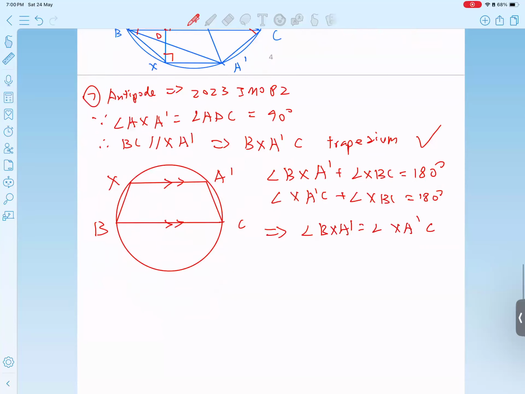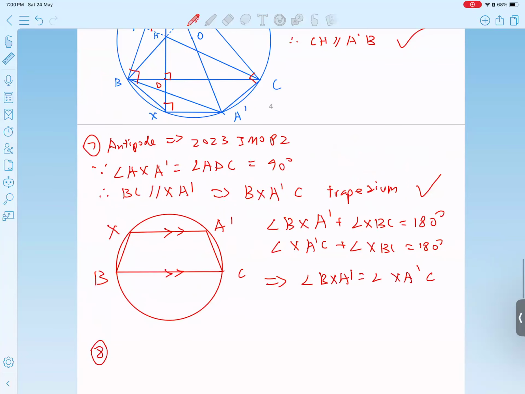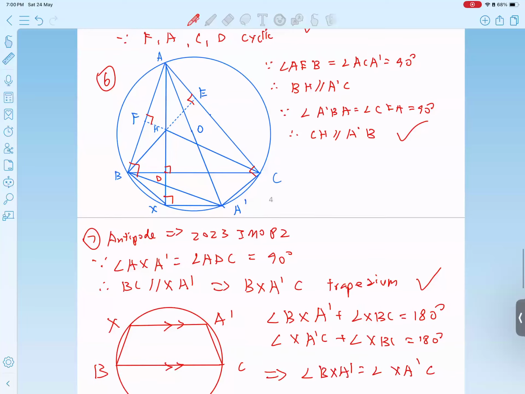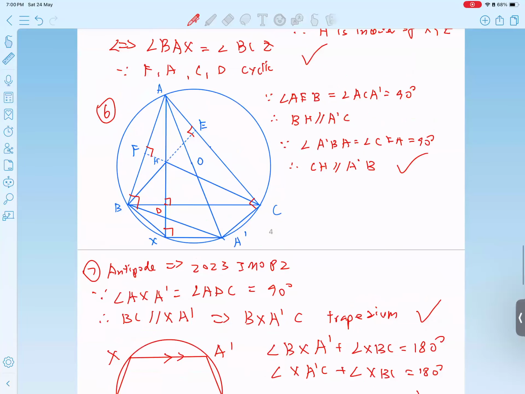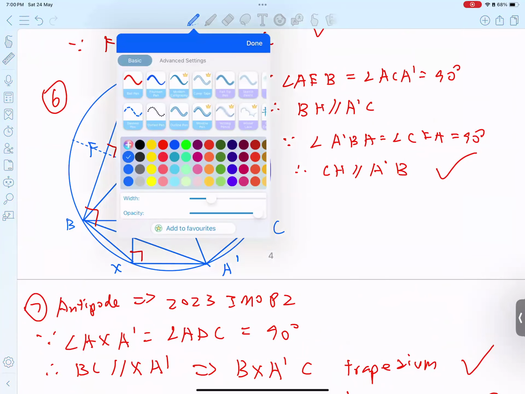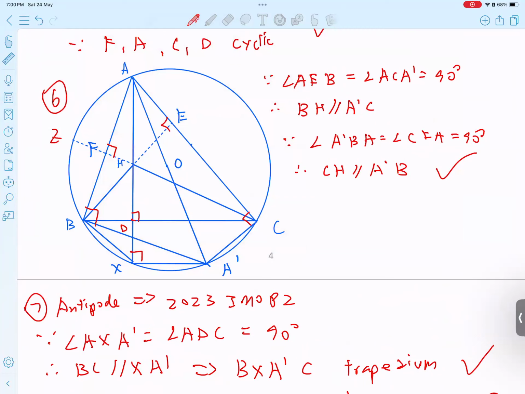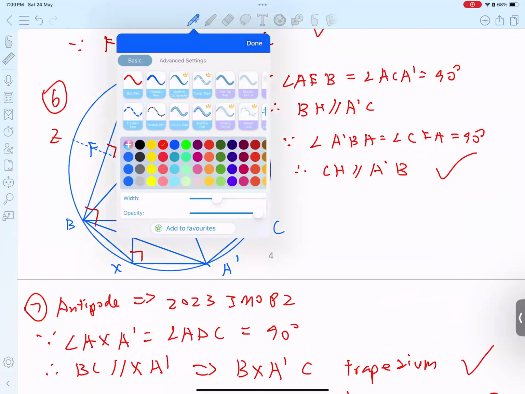Yes, so the next trick is very similar, and in fact, it uses the stuff that we've used before. So we're asked to prove Z, yeah. So we extend Z and connect this.